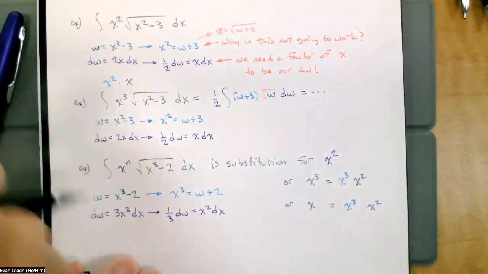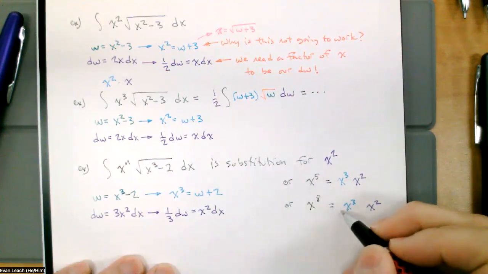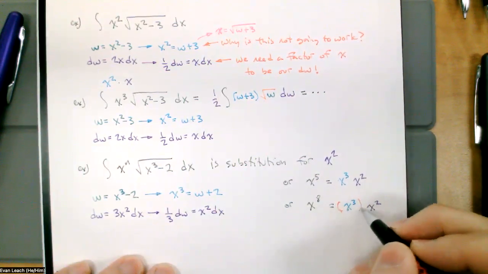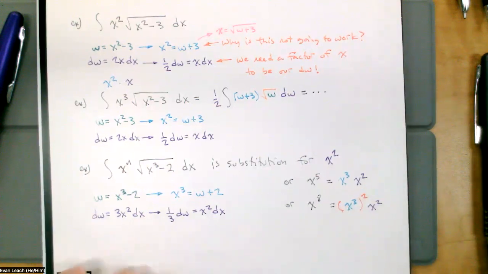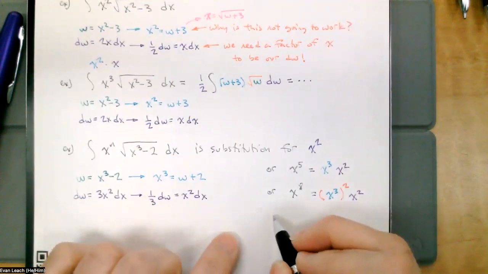So if I have x to the 8, that would be 2 x cubes. That would be an integer power of w. And then 2 of those x's to be the dw. So it has to go up by 3, so we get integer powers of w.